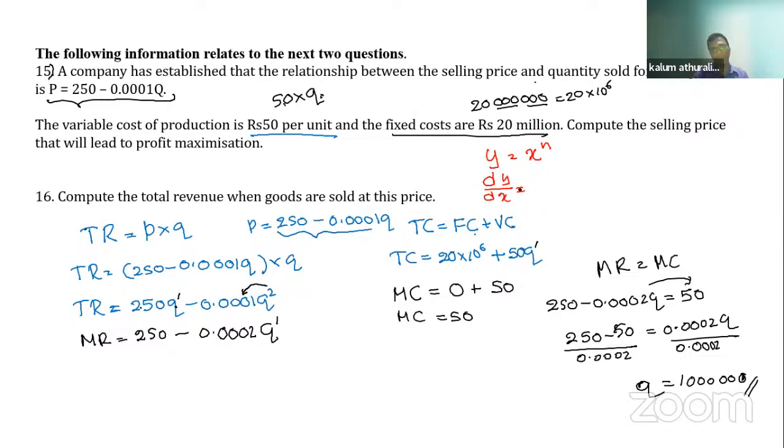That is called the first derivative. The answer is n x to the power n minus 1. This value comes to the front, and the power should be subtracted by 1. This is the theory.